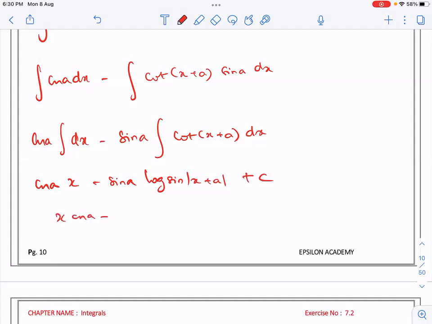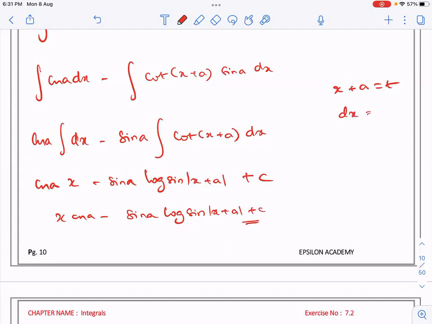x cos a minus sin a into log of mod sin of x plus a plus c. So as long as the coefficient of x is not equal to 0, it's fine. See, it's simple. You want to take x plus a as t, nothing.